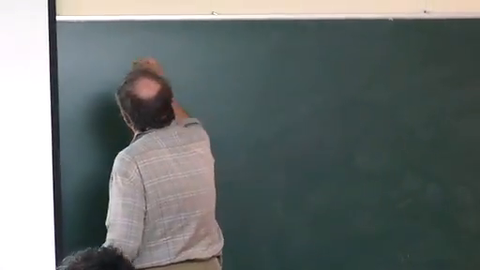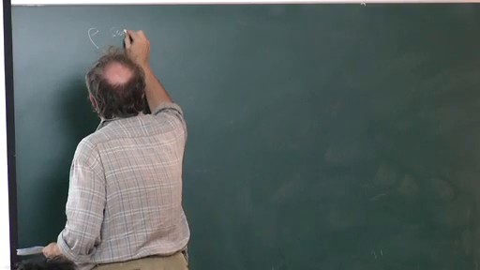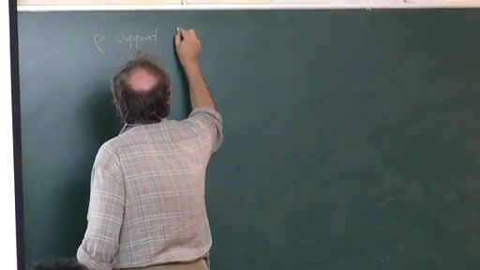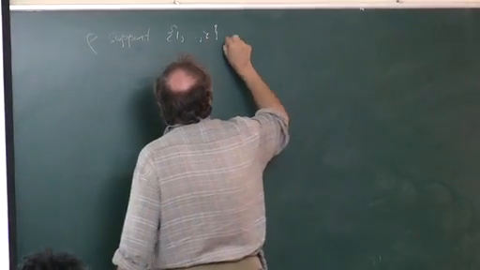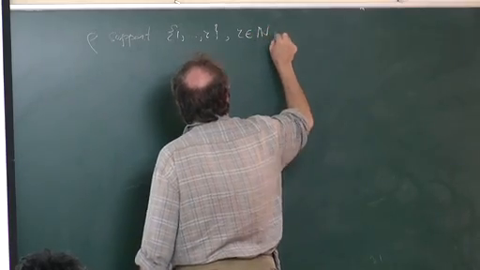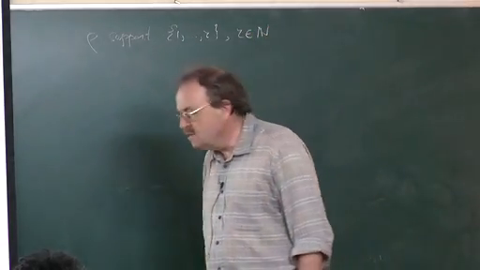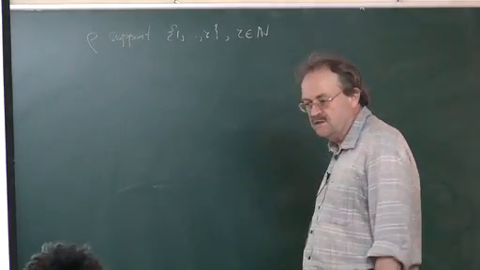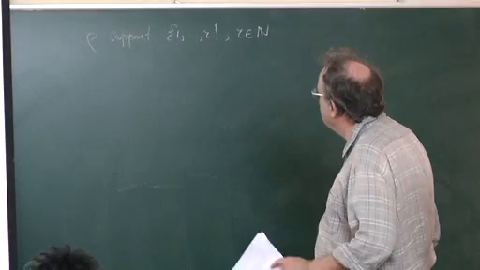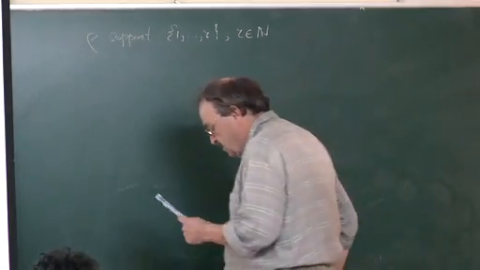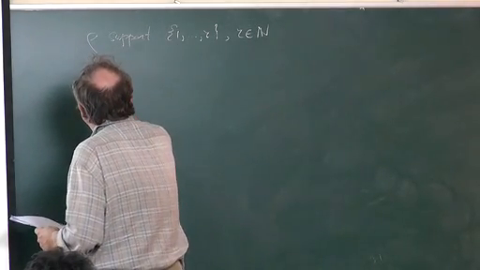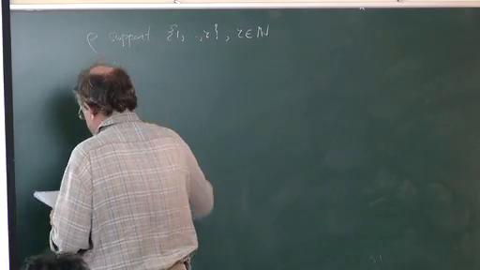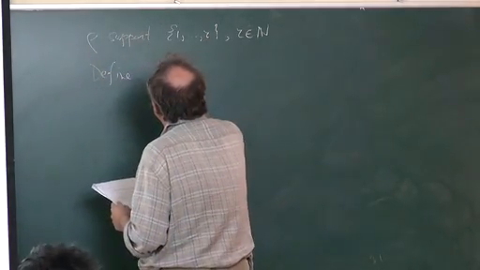So let's take the special case where rho has support on a finite set, where r is some integer. So a very simple-minded probability measure that has a finite support. Let's see if we could deal with that. Okay, then what I'm going to do is define a set K_n.